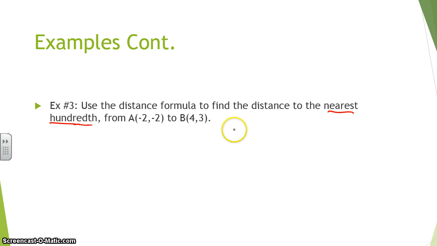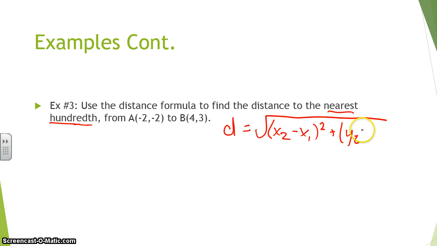So we need to use the distance formula, which from the notes is d equals the square root of, in parentheses, x2 minus x1 squared plus y2 minus y1 squared. We can label my A and B. We have x1, y1, x2, y2.